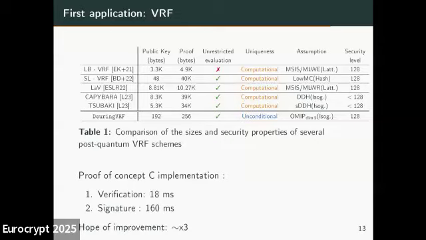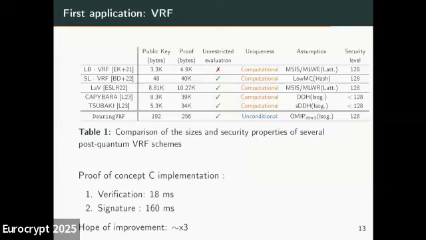And yeah, maybe I can point out that if you look at other constructions, in particular those based on lattices, you may notice that there is a huge gap in the sizes. And the gap is much wider than if you look at signatures, for instance.